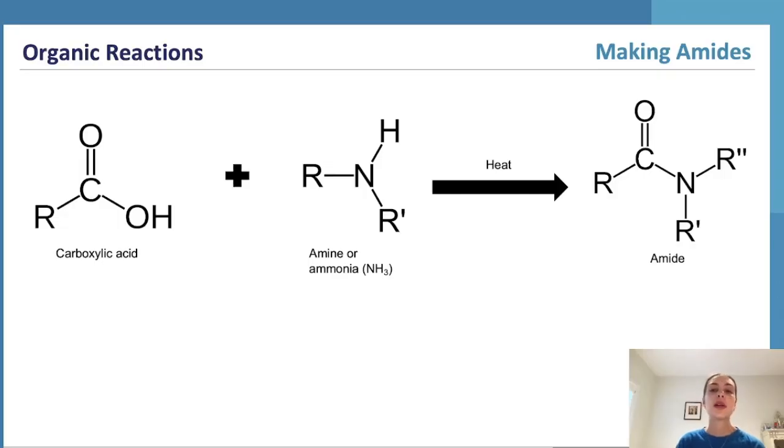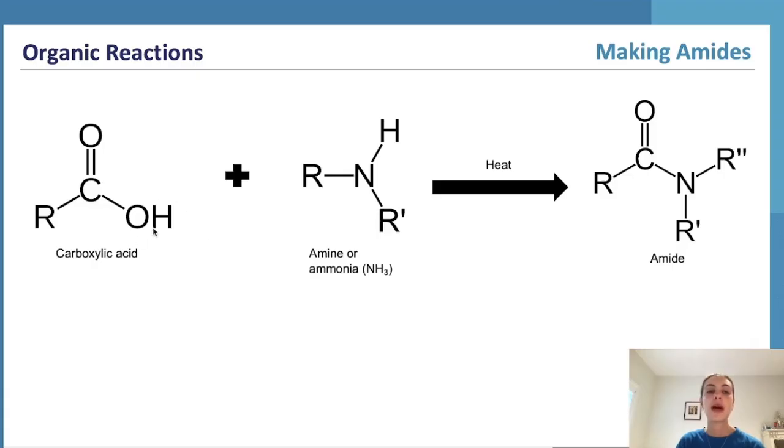Our next reaction we want to look at is making amides. In order to make amides, we can combine carboxylic acids and either an amine or ammonia under high heat as a catalyst in order to make an amide.